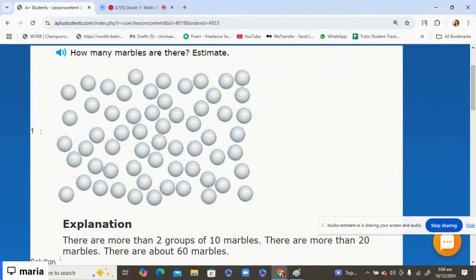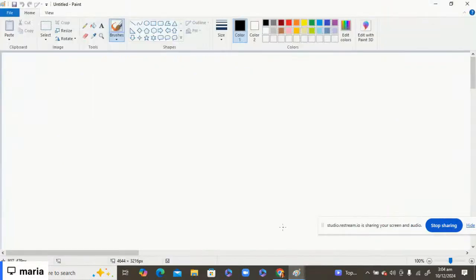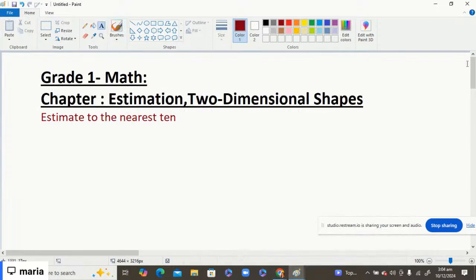It means that when you count the first portion, then we check how many are left, and if the left portion is greater than the counted one, we can say that it's like 30, 40, 50, somehow. For example, I'm going to draw it here.